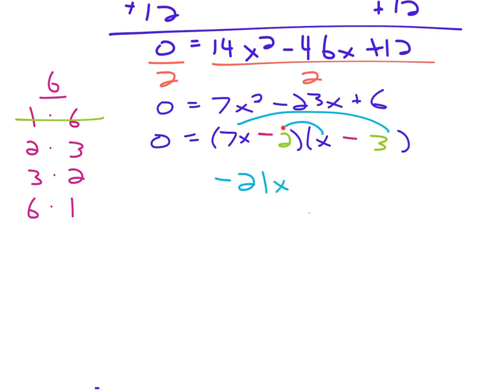And then the inner, negative 2 times x is negative 2x. And when you do negative 21x minus 2x, you get negative 23x, just like we wanted, because that's what you see in the original trinomial. So those green ones then are placed correctly. We do have the right numbers where we want them.